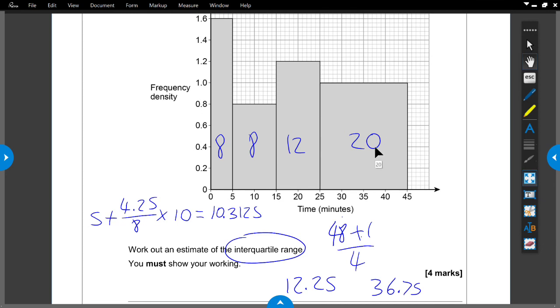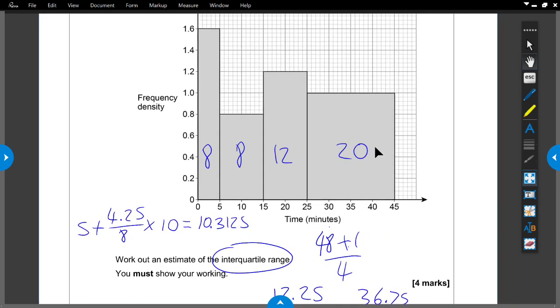So again, I'm going to set up a fraction. I'm going to have 8.75 out of 20 this time, because there's 20 as our frequency, times that by the class width, which is from 25 to 45, that's 20. And this time we're going to add it to 25.